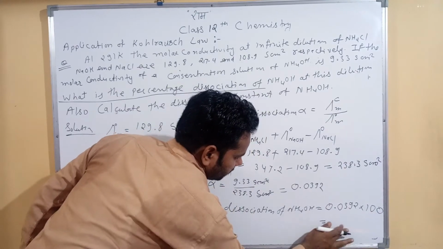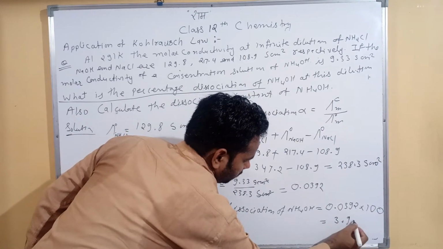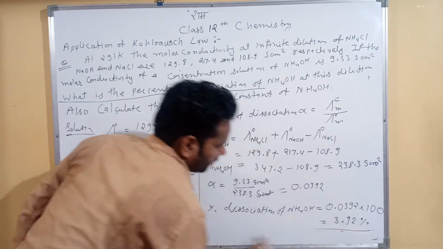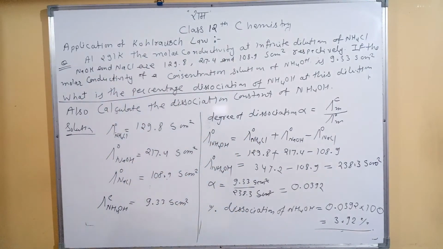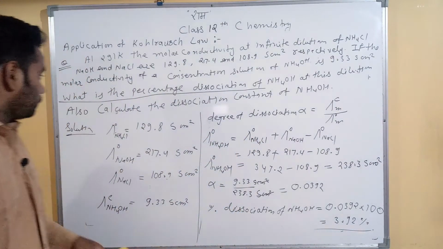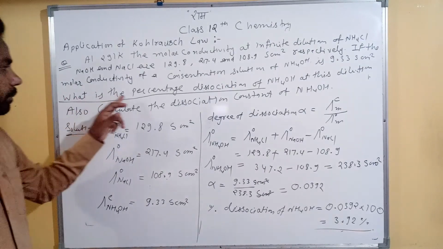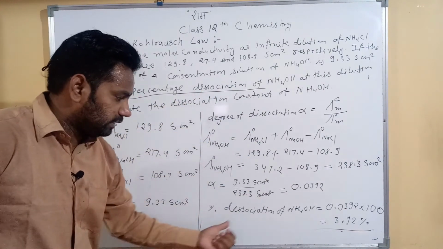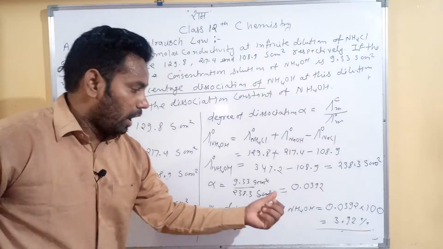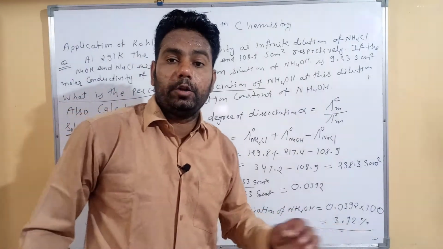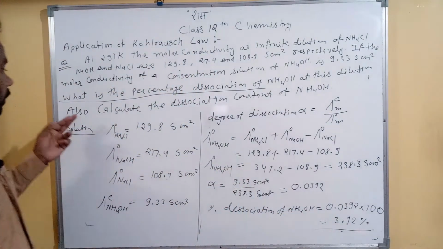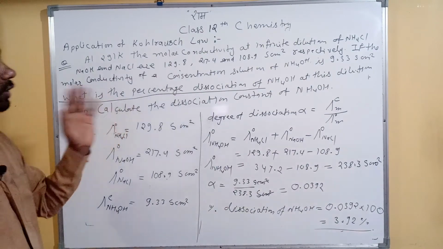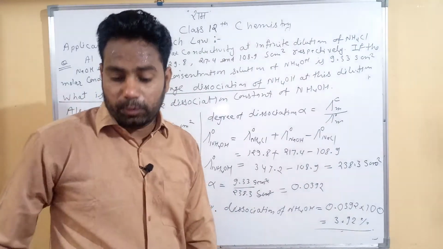Okay, so the answer is 3.92%. It's our answer for the percentage dissociation. So the percentage dissociation of ammonium hydroxide is 3.92%. One more part remains: also calculate the dissociation constant for NH4OH.